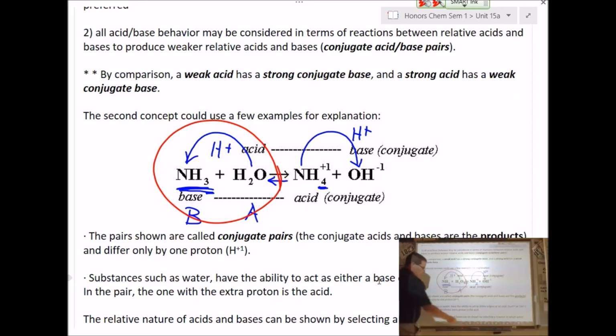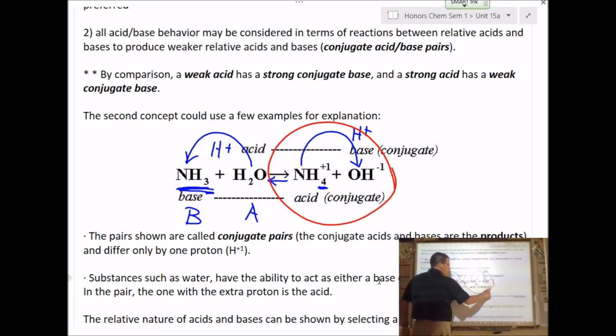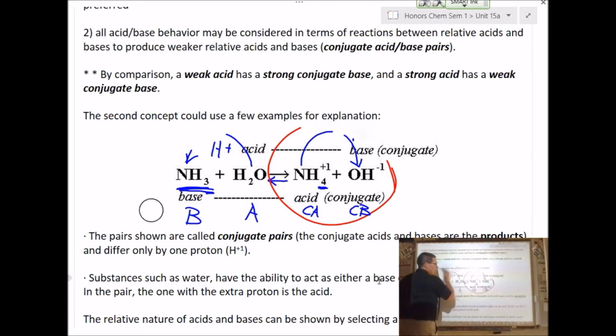Okay? So if we have something that's on the product side, then we call it a conjugate acid. So it still behaves like an acid, but it's on the product side. So here we have a conjugate acid, and then the hydroxide would be considered a conjugate base. Conjugates are always on the product side. Acids and bases are always on the reactant side. Okay? Let's do another.